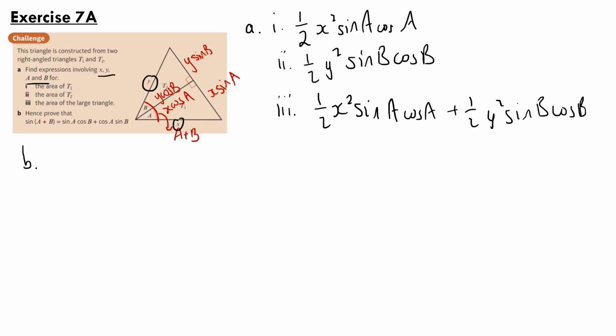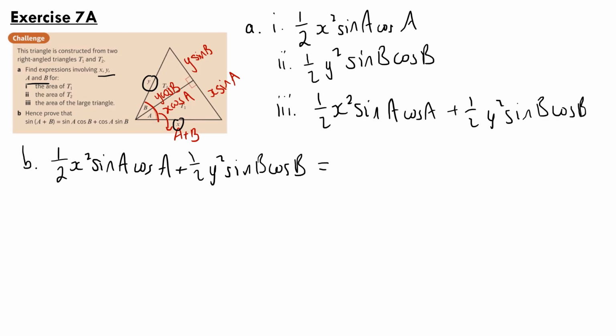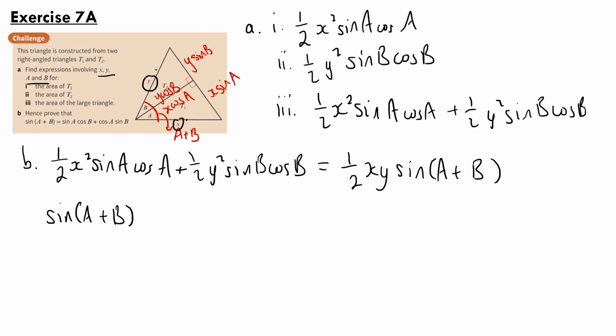So we can say the area of the large triangle, which we already know is a half x squared sine A cos A plus a half y squared sine B cos B, is equal to a half AB, or xy, sine of A plus B. And now to get sine of A plus B by itself, we can just divide both sides by a half xy.